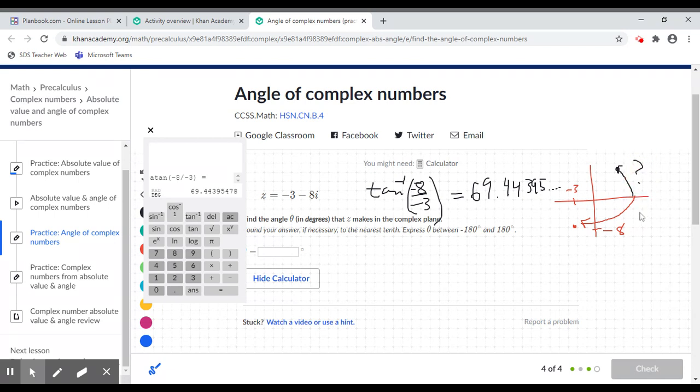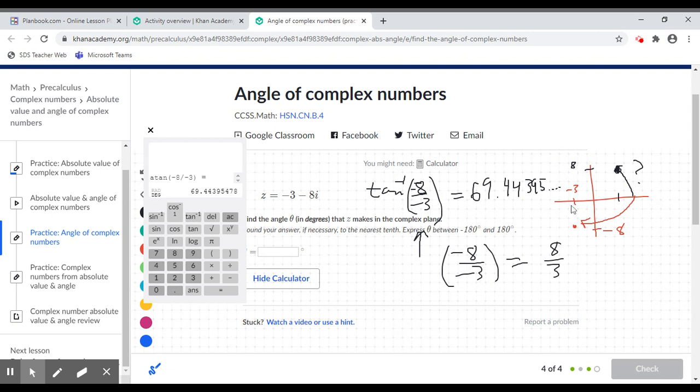How does that happen? All right, so if you take a look at what we just typed in, we typed in a fraction that is negative 8 over negative 3. The calculator simplifies this as being two positive numbers because a negative divided by negative is a positive. The calculator thinks we're trying to find this spot up here. It doesn't know that we want two negatives, right? Negative 3 and negative 8 would be the exact opposite quadrant all the way across here.